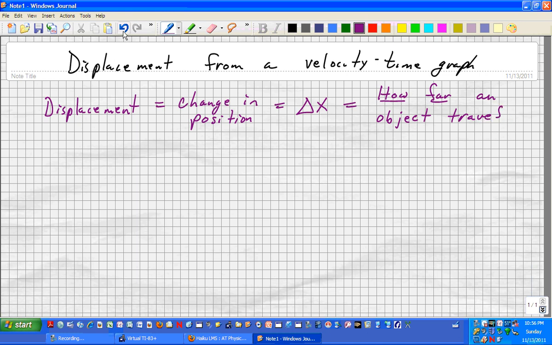These guys are all synonymous. In other words, they all mean the same thing.